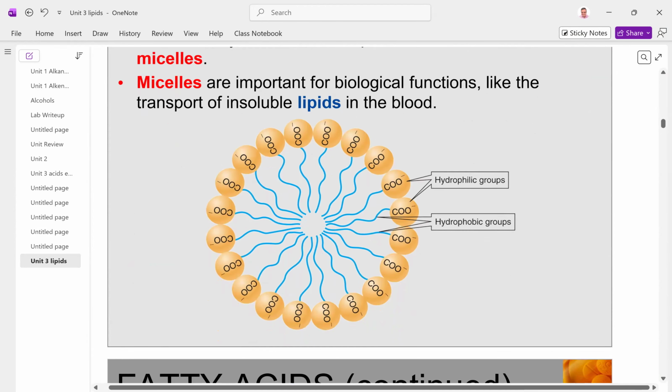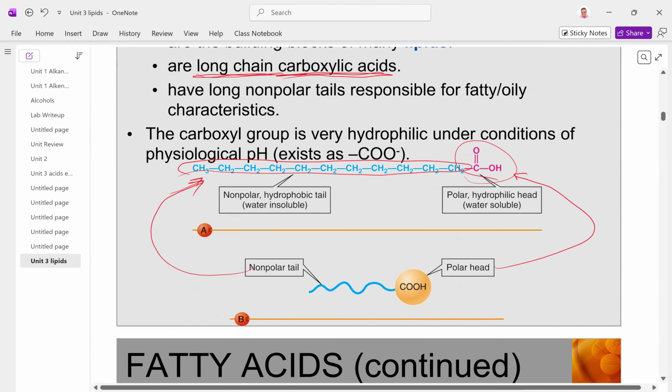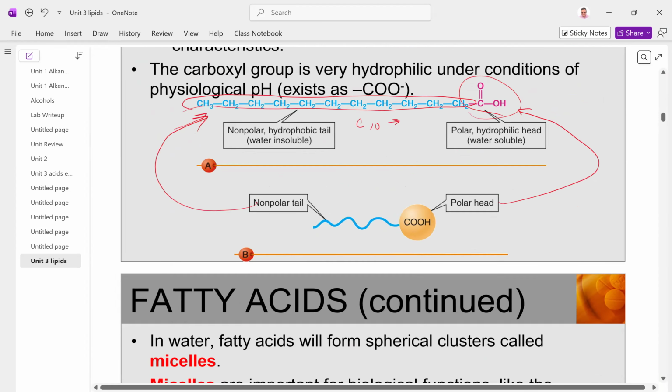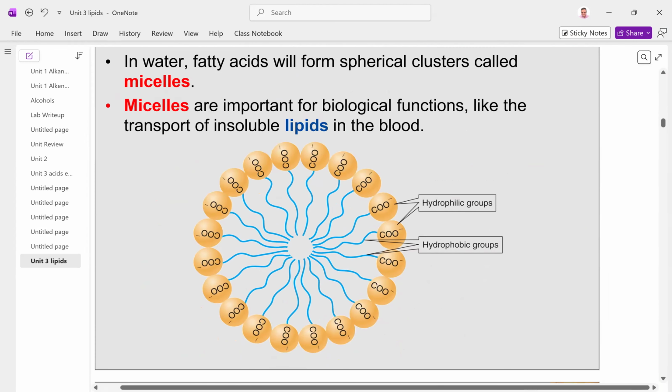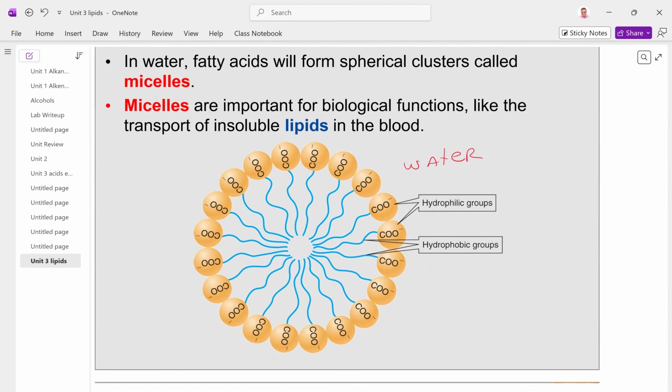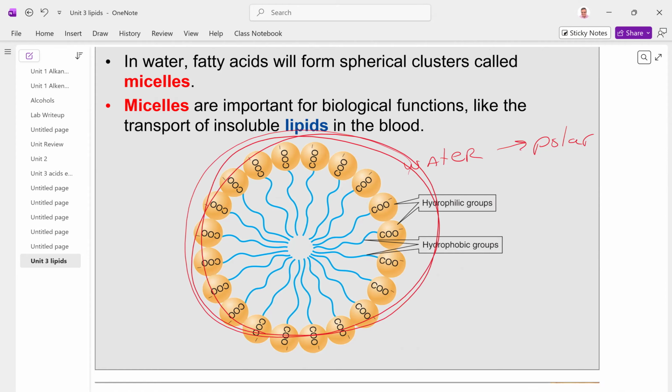If we're looking at a fairly long chain, like C10 upwards, and you put that fatty acid in water, this is what happens: the polar water is going to surround it.